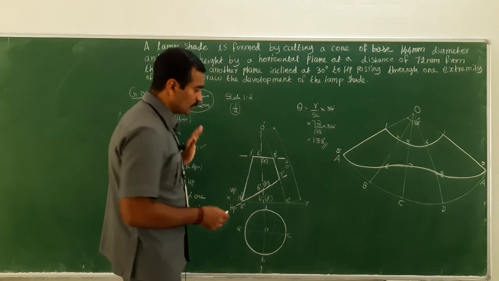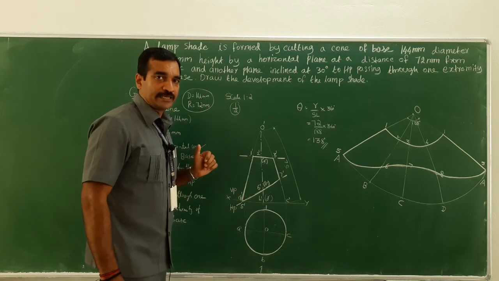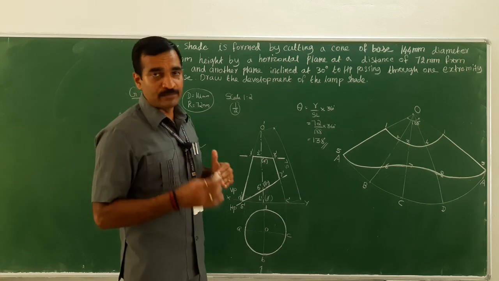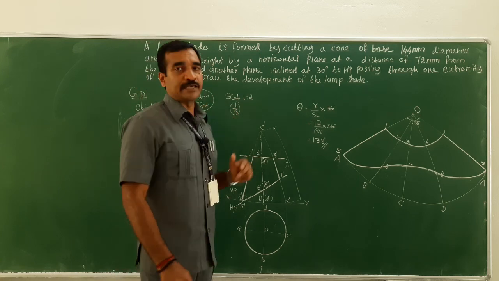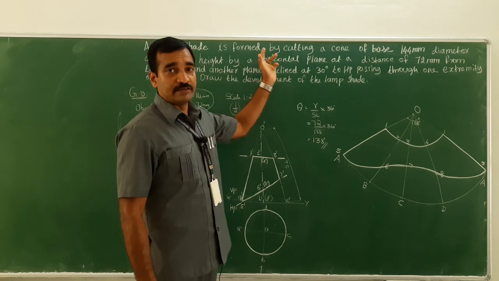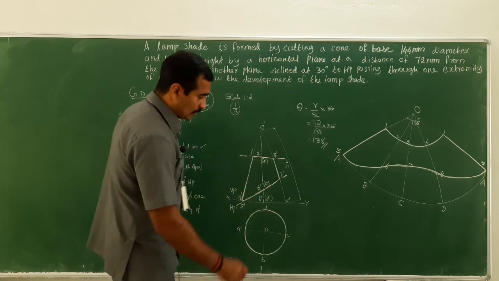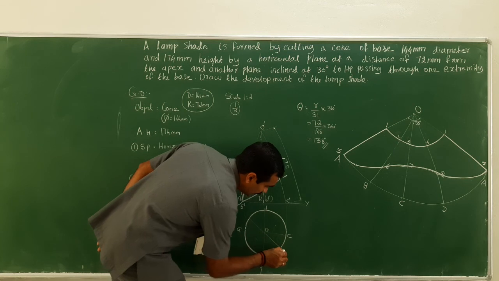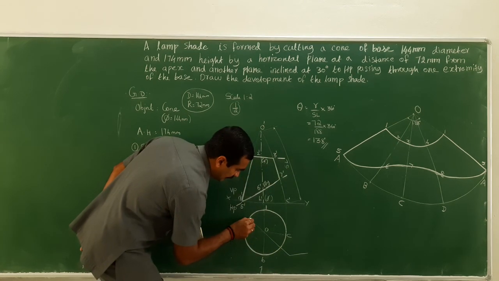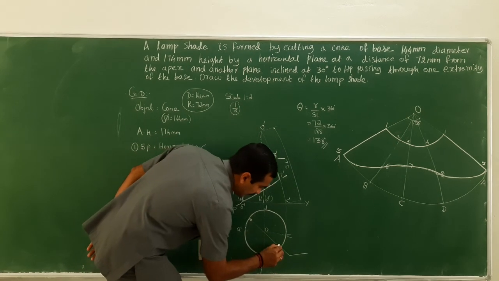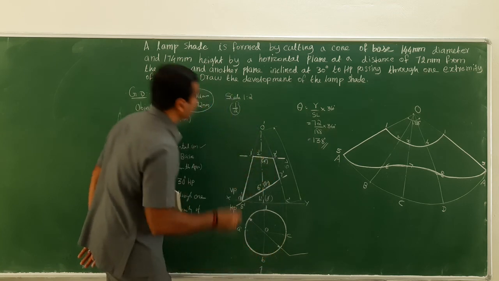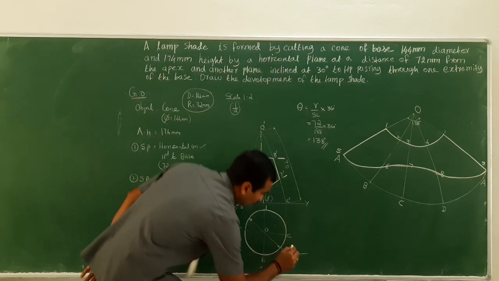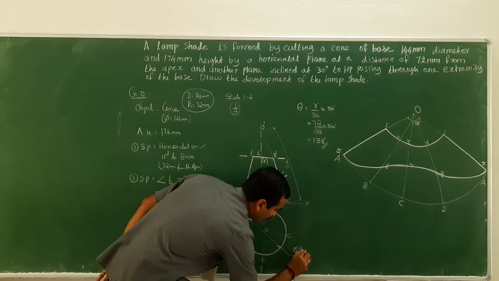Next, I need to do the dimensioning here. When you do the dimensioning, considering the scaling, whatever dimension is given needs to be mentioned here. I am using the leader line here. The diameter is 144 mm, so dia 144.